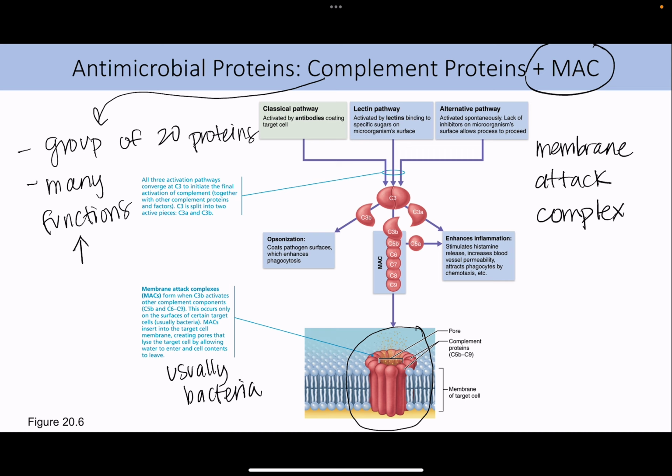But one way that they attack bacteria is that they create these pores. And what ends up happening is that water then enters those cells, their cell contents leave the cell, and the cell basically implodes from the water rushing in. So it creates these pores all over the cell, water rushes in, and the bacterium implodes.